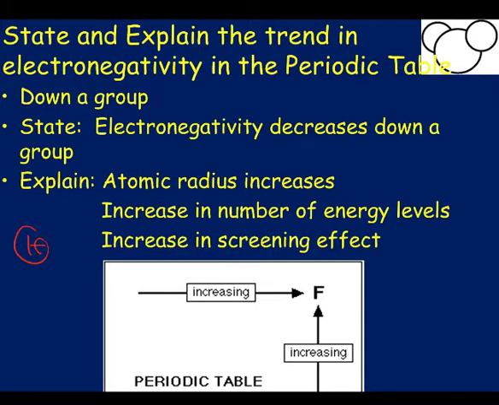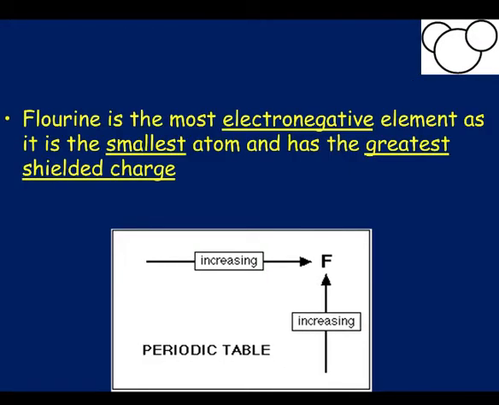And again, I ask you to refer to page 8, or the electronegativity table, and if you look at it in your book, fluorine is the most electronegative element, and the reason for that is because it has the largest value. So if you look at the numbers, the number for fluorine is the biggest number. So that's what makes it the most electronegative.